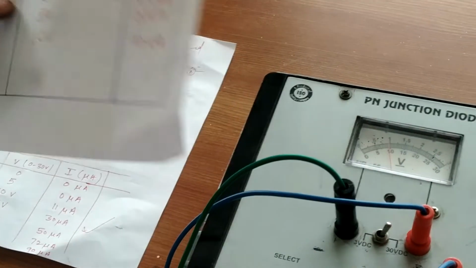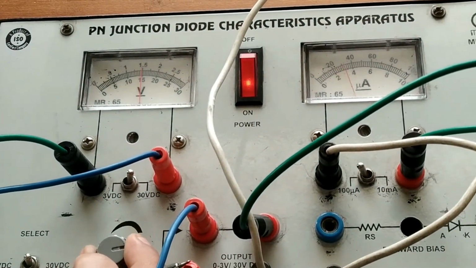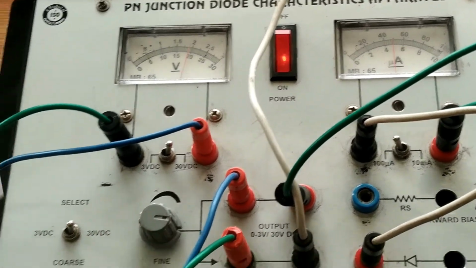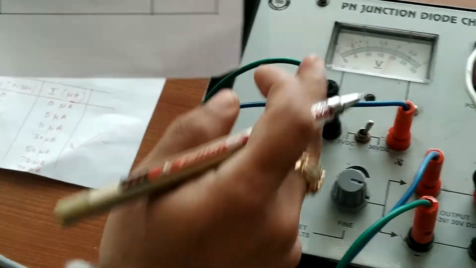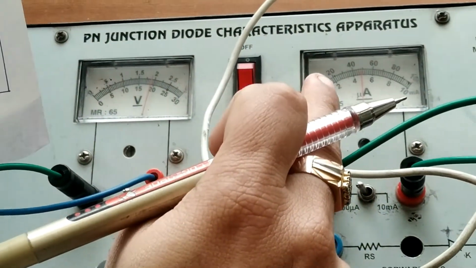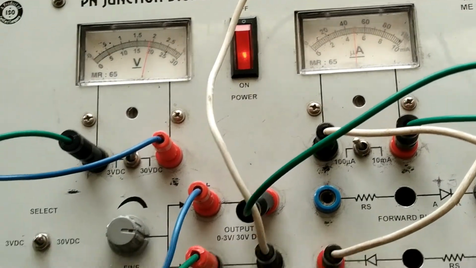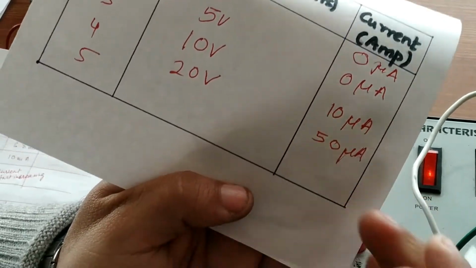Now we will increase it to, let's say, 20. We have started increasing it to 20, and you can see that we have selected 20 volt. The current which we are getting is roughly 50 microampere.